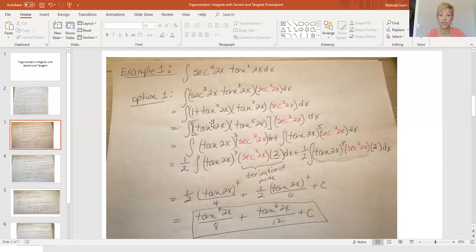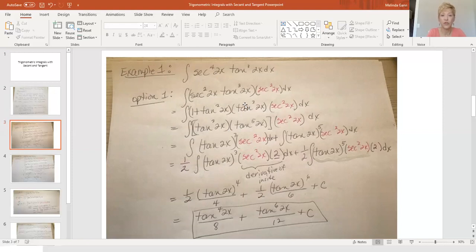1 times tangent cubed is tangent cubed. And then 1 times this tangent squared times this tangent cubed is tangent to the 5th. I went ahead and broke them up just to save some room. So there's my tangent cubed, but there should be a plus between them. We might need to go fix that in a minute.